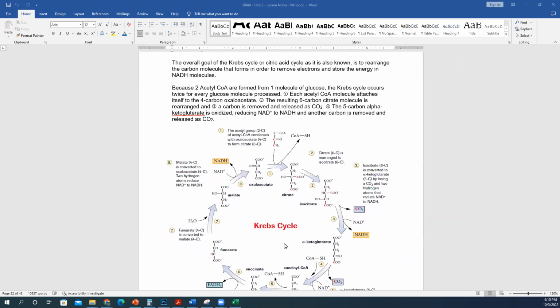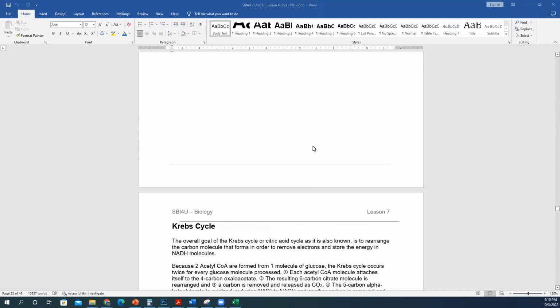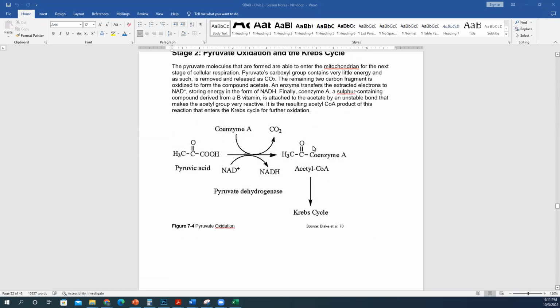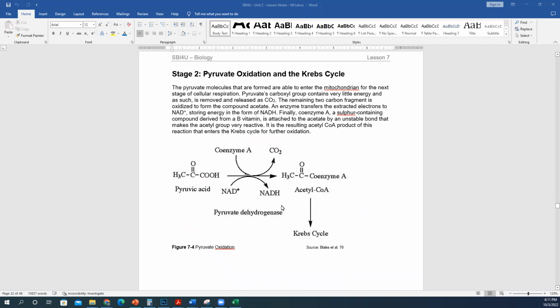Another name for it is the citric acid cycle, and its ultimate goal is to rearrange the carbon molecules that form in order to remove electrons along the way and store the energy in these molecules of NADH.